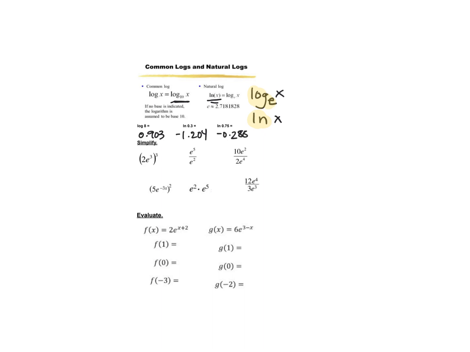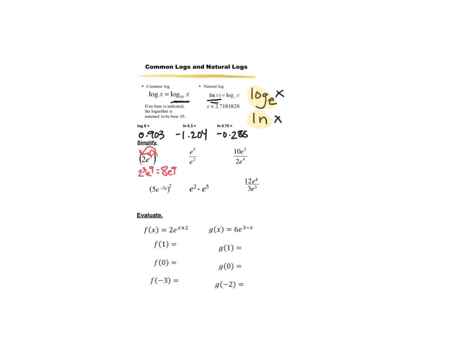Now these guys here, we're just gonna treat e as we do any other number or variable when we're simplifying. In this case, the first one, we're gonna distribute this 3 exponent to both the 2 and to the e to the third. That becomes 2 to the third e to the 9th, which then becomes 8 e to the 9th.